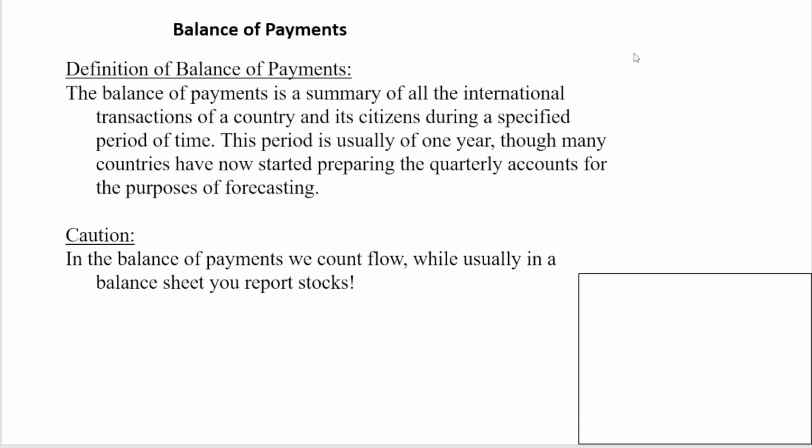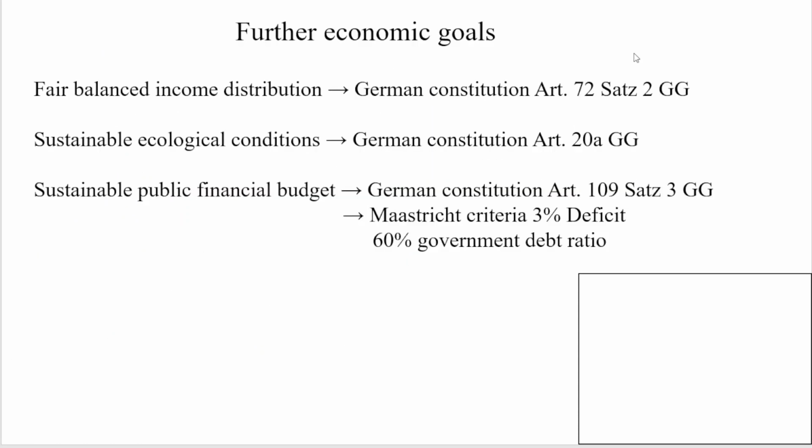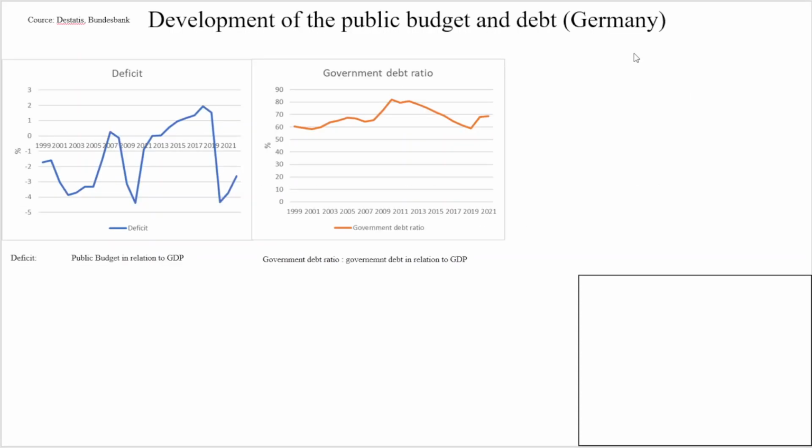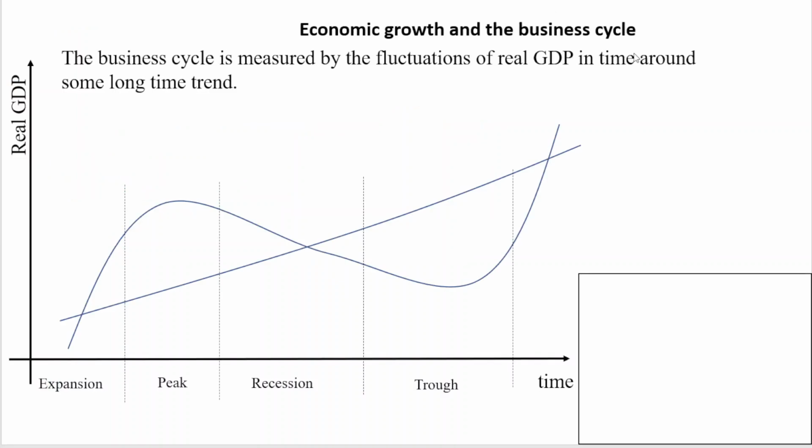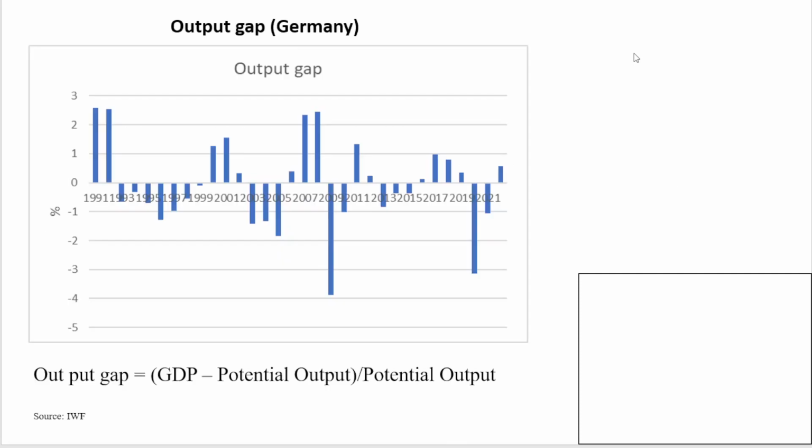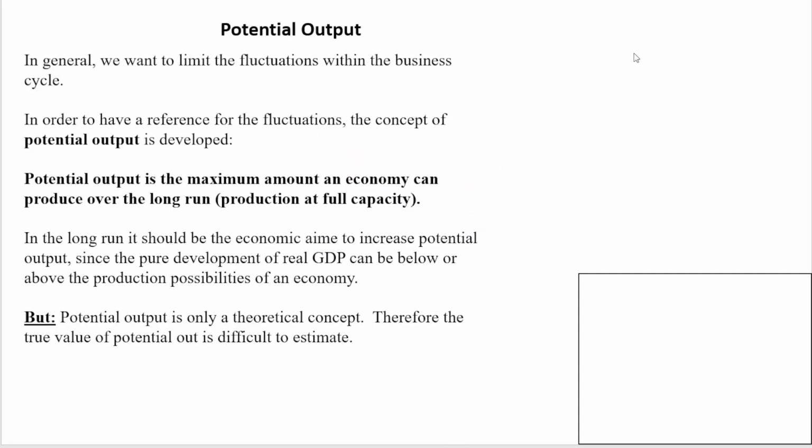Then we had this implementation of further goals: balanced income distribution, sustainable ecological conditions, and the sustainable fiscal budget. This is what we are talking right now in Berlin every day about. Business cycle. What is the business cycle? There we had also the concept of potential output. Remember this we used also in the neoclassical view.